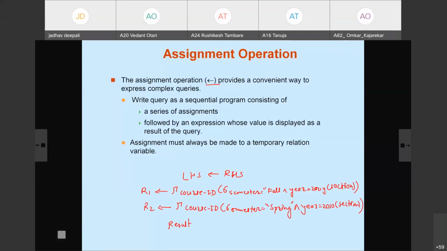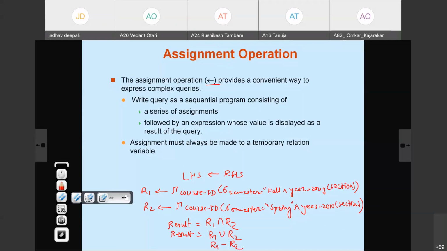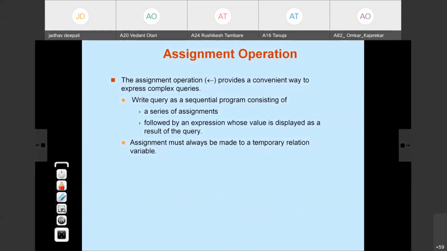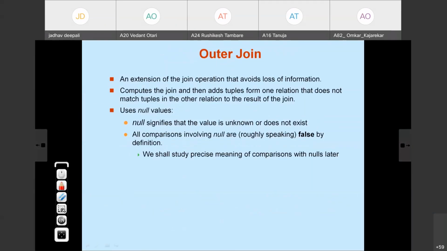So result is equal to R1 intersection R2. If I want another result, courses taught in R1 or R2, or taught in the first but not in the second, set difference. So that is the assignment operator, which is used for assigning the RHS value to the LHS variable, as we normally use in programming languages.